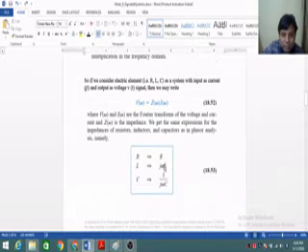This is the time domain to frequency domain conversion, as we did in the Laplace transformation case that we studied in week number 6.